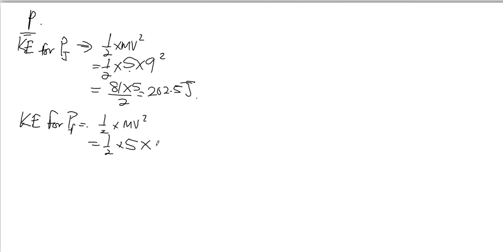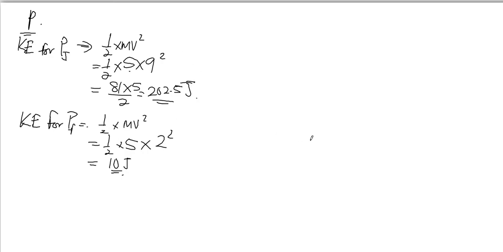So 2 squared is 4, times 5 is 20, divided by 2, which is 10 joules. So the initial was 202.5 and the final is 10. So it has reduced significantly.